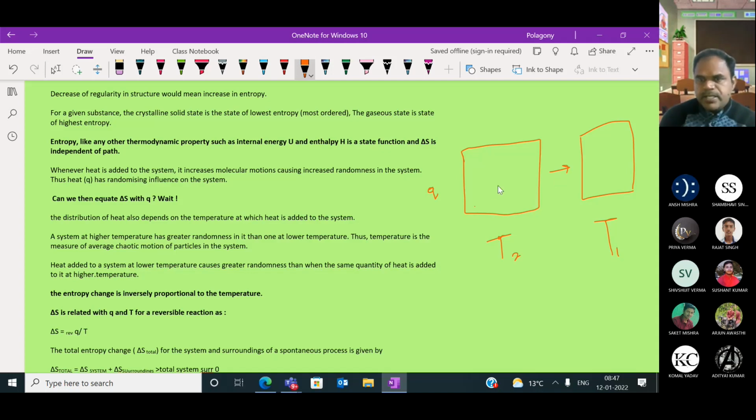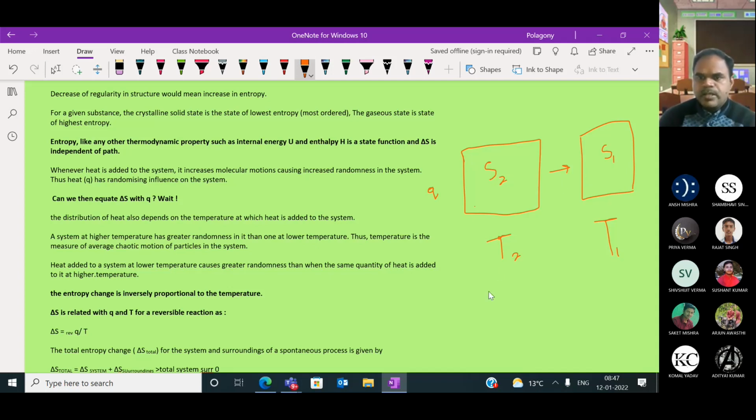So here the system is changing from higher temperature to lower temperature. Here the entropy is S2, which is higher, the degree of randomness is higher. And in this, the entropy is S1, which is less. That means at higher temperature entropy is always a maximum, at lower temperature entropy is a minimum.